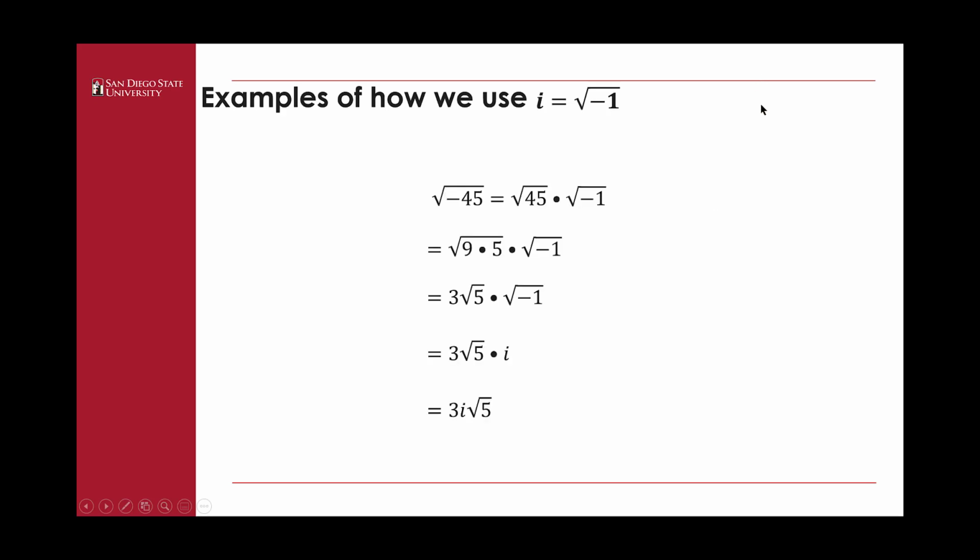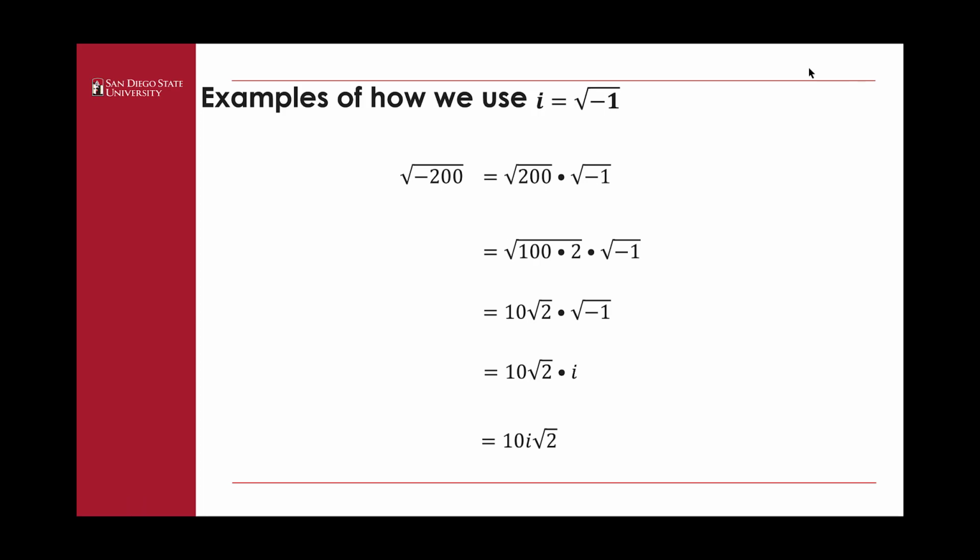Another example for the square root of -45 could be the square root of 45 times the square root of -1. The square root of 45 does not result in a whole number, but we will get eventually the square root of 9 times 5 times the square root of -1, and this will give 3 times the square root of 5 times the square root of -1, and this will be 3i times the square root of 5.